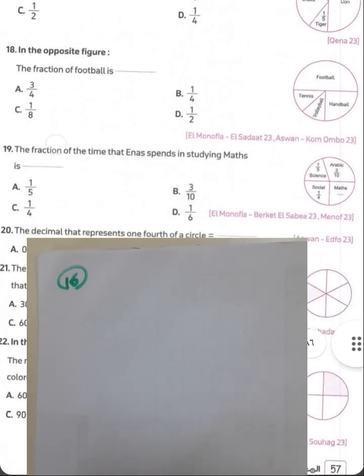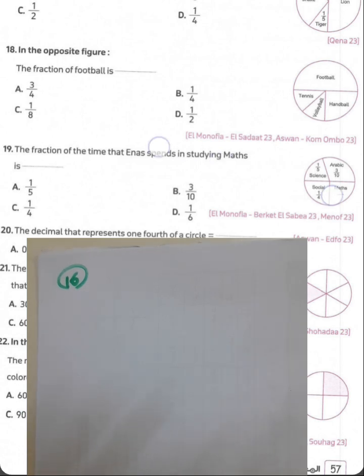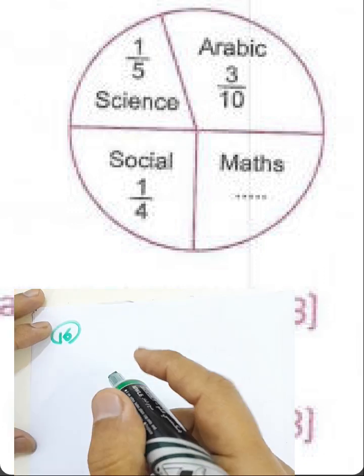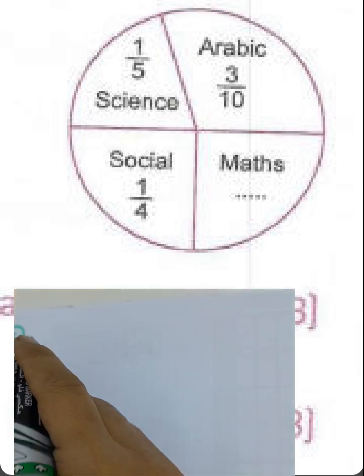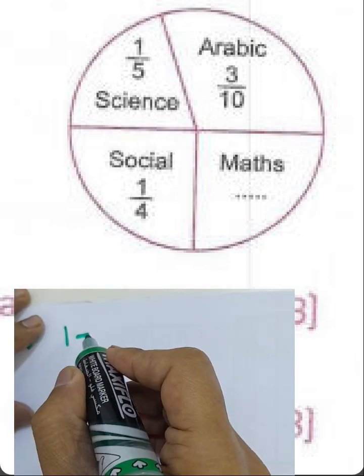Question 19. What is the fraction of the time that Ines spent studying math? You can add all of them, subtract from 1. Here you can write 1 in this example.